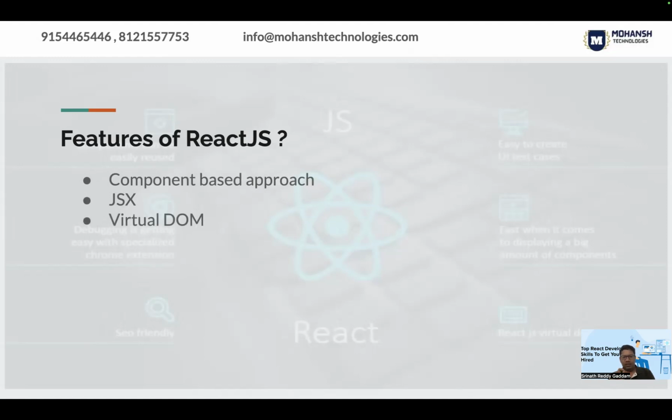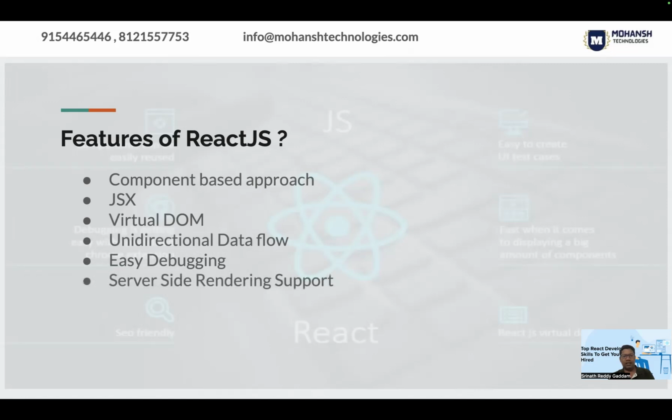And it has a virtual DOM. Basically, what virtual DOM is, we will see in the later slides. It follows the concept of virtual DOM. It has unidirectional data flow, easy debugging, server-side rendering support, mature React extensions and libraries. Okay, so these are some of the common and most popular features of React.js.